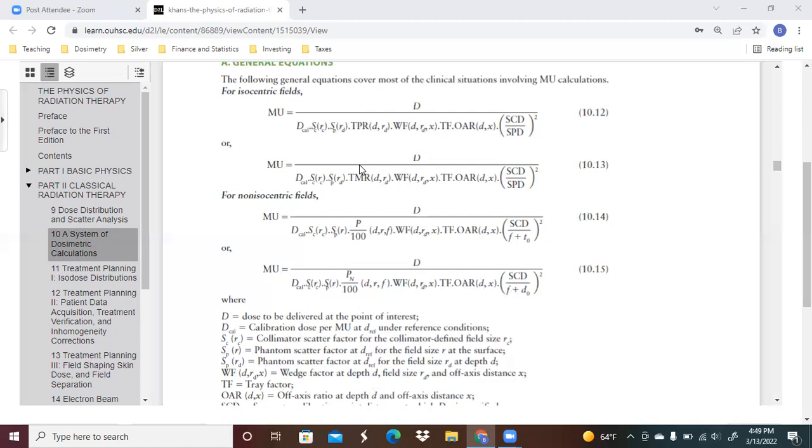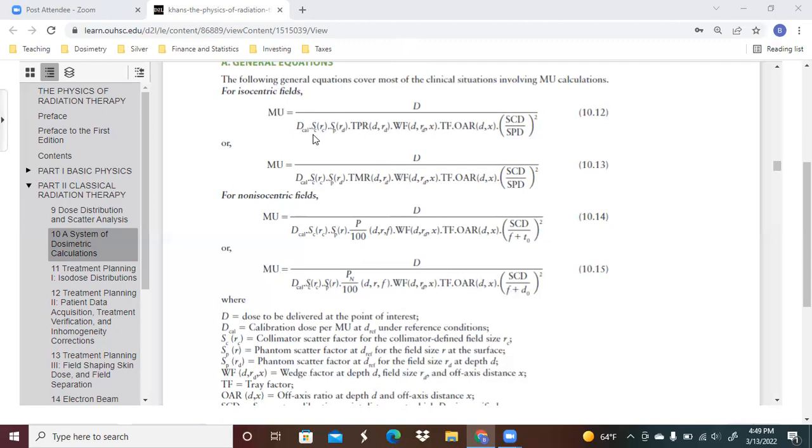So let's go through these. D, of course, is in the numerator, and it is the dose to be delivered at whatever point of interest you're aiming at. The first factor down here is going to be your calibration dose per MU at some reference depth under reference conditions.